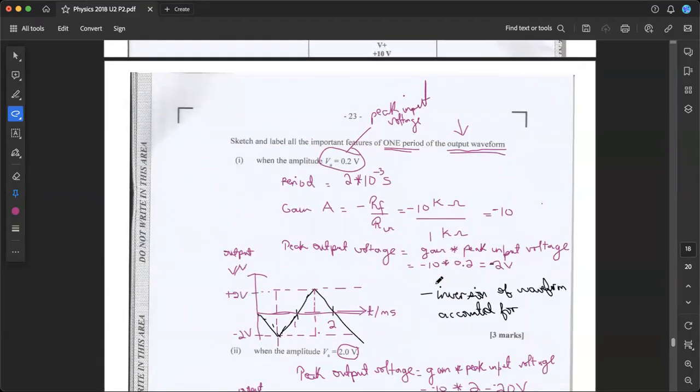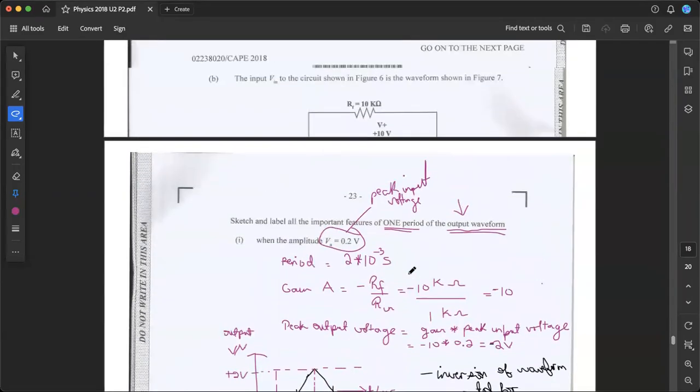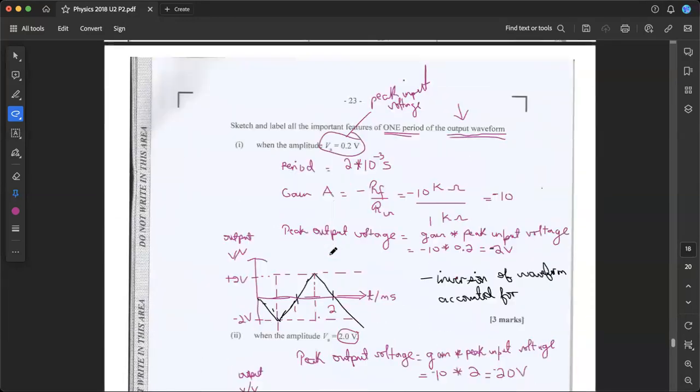Okay, because it's an inverting amplifier, you notice that our input waveform was like this, going up and then coming down and up again. Because it's an inverting amplifier, that will be inverted, so we have to make sure that we invert it. Our maxima and minima are observed here, and in this case our minima will be the -2 volts.